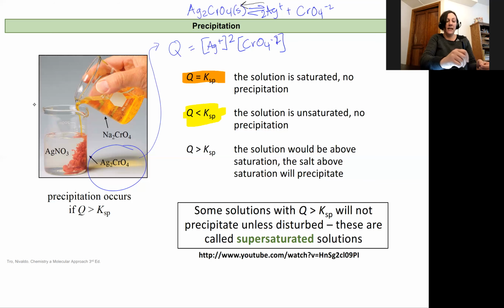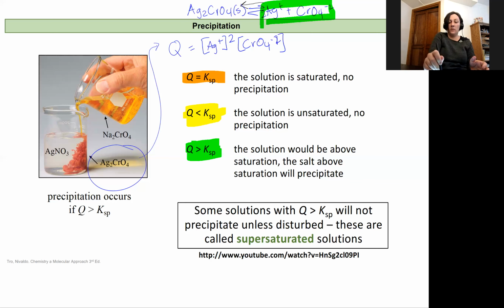Now, the case when we see a precipitate is when the Q value that we calculate is larger than KSP, or the solubility product. In this situation, we have more ions in solution than can be supported at equilibrium. And so if we have more of these products, the equilibrium shifts and we form more solid.